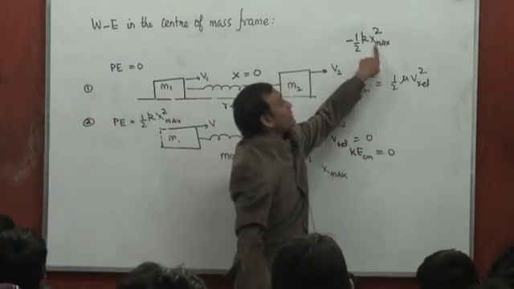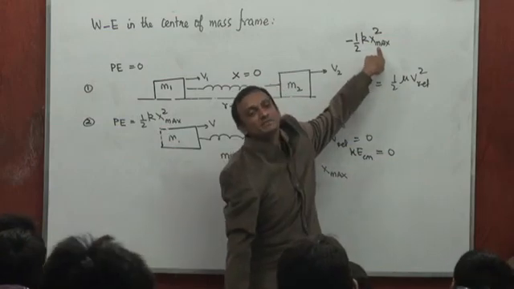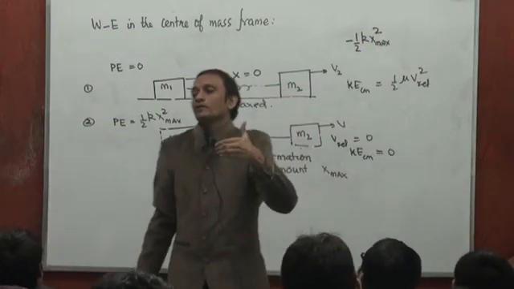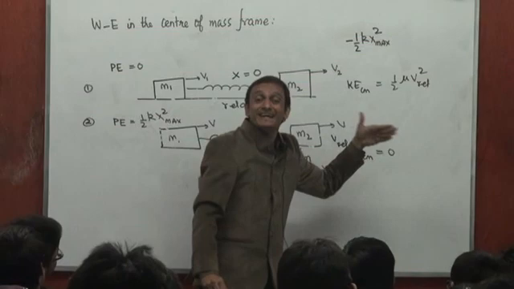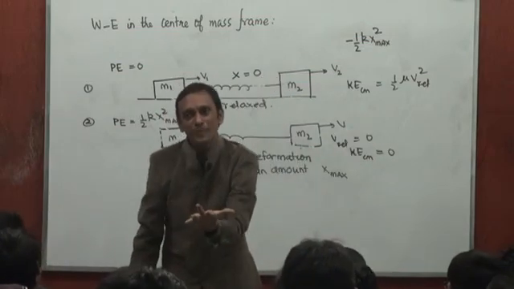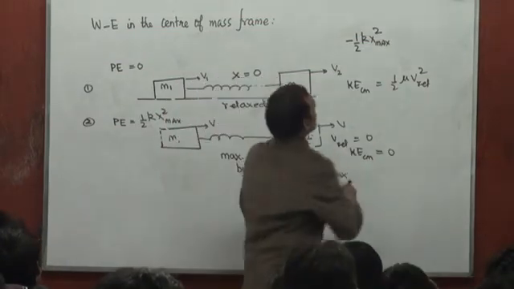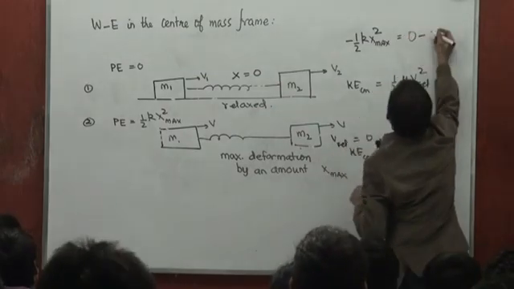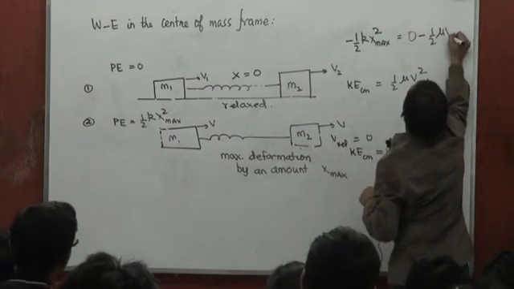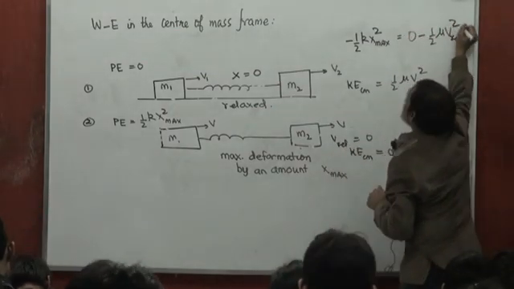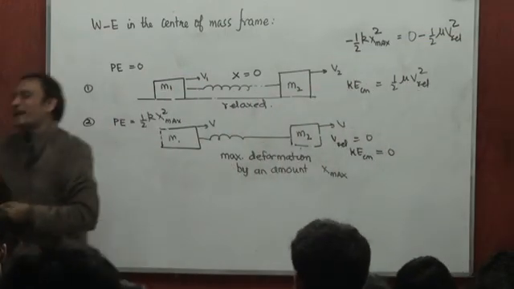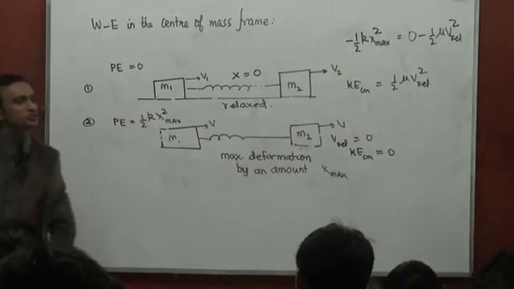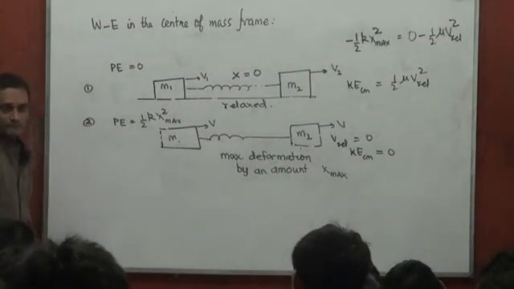So, the work done by the spring force, from the work energy perspective, must be the change in kinetic energy in the center of mass frame. So final kinetic energy is 0 minus initial kinetic energy, half mu into v rel squared, where v rel is the initial relative velocity of the two constituent masses connected by the spring.